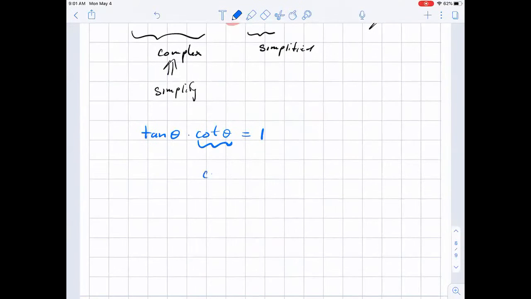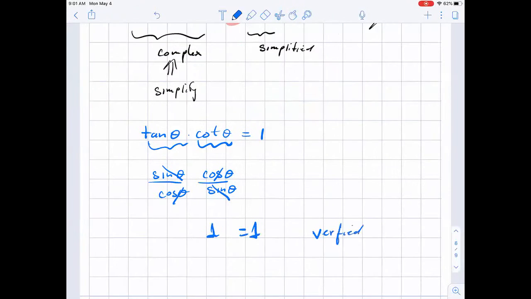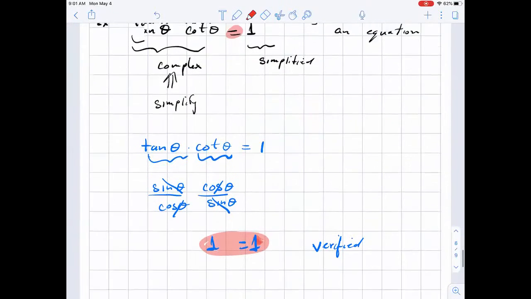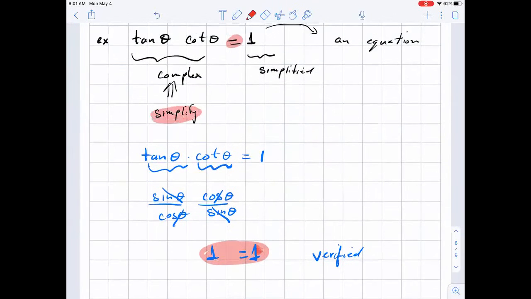Cotangent is the same as cosine theta over sine theta, isn't it? And tangent theta is the same as sine theta over cosine theta. This will simplify with this, and this will simplify with this, leaving you at 1. 1 is equal to 1, and here you're verified. So this is the idea we want to do. We want to show that the left side is identical to the right side. That's the goal. But notice that if you don't know how to simplify, you cannot show this.